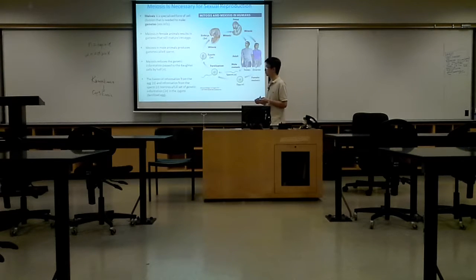In other words, in sperm and egg, they have only 23 chromosomes. So if you have an egg that has 23 chromosomes and a sperm that has 23 chromosomes, and they fertilize and fuse together, then you will have 46 chromosomes. When you have 46 chromosomes, that means you have 23 pairs of chromosomes. Then you will have diploid.